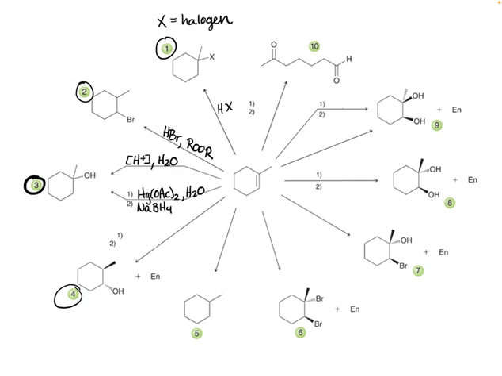Okay, so in hydroboration oxidation, the first step involves adding borane tetrahydrofuran, BH3THF, followed by hydrogen peroxide and sodium hydroxide.